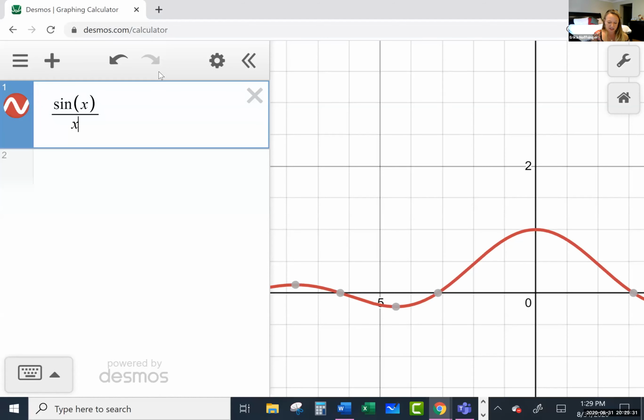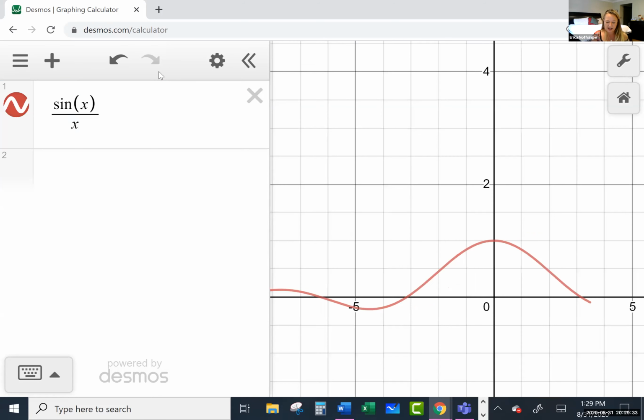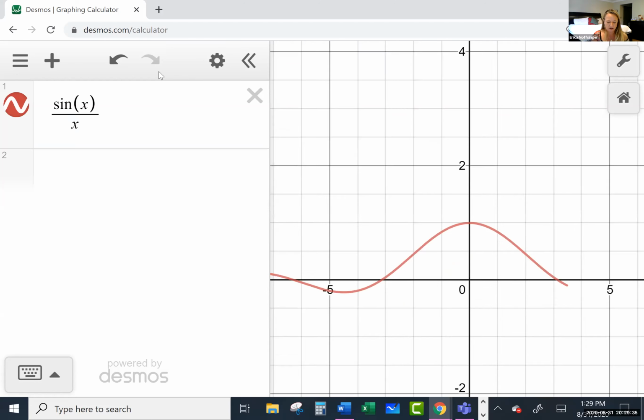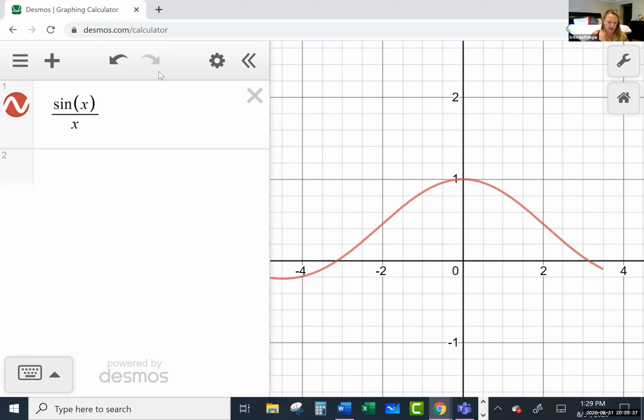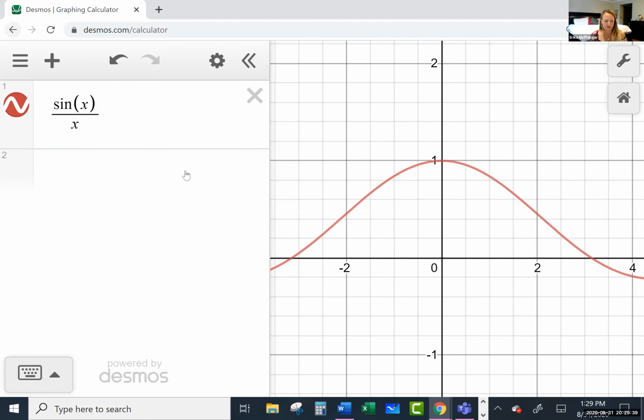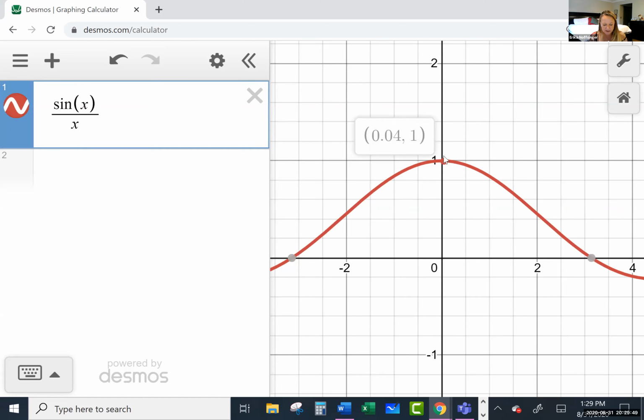And I wanted to look at the limit here as x approaches 0. So notice it's actually undefined because we can't have 0 in the denominator. And if I go in here and I click on it, if I get close enough, it will say undefined. When x is 0, it's undefined.